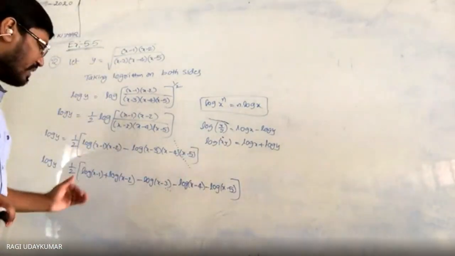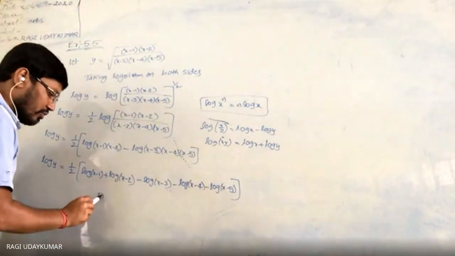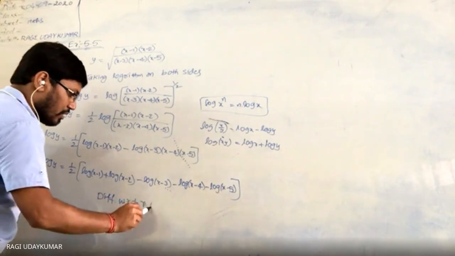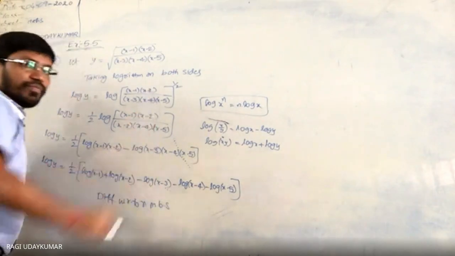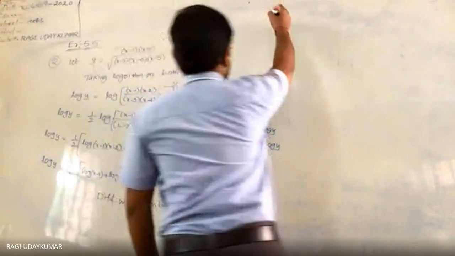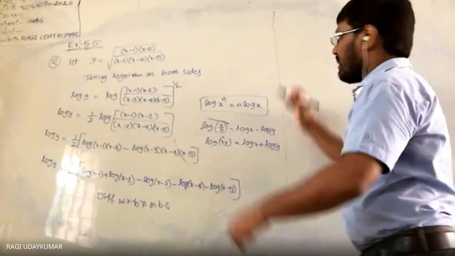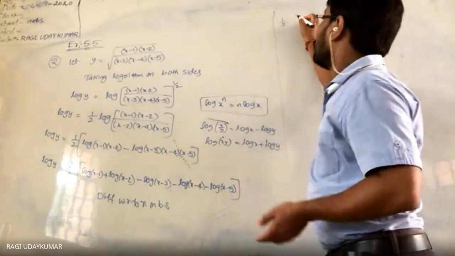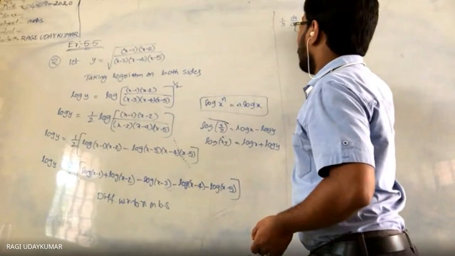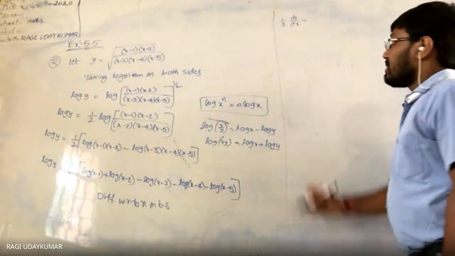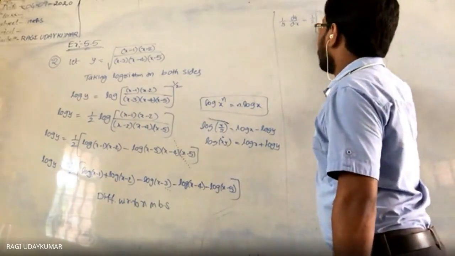So now differentiating with respect to x on both sides. If you are differentiating this one with respect to x, you are going to get 1 by y, and again you have to differentiate. So we are going to get dy by dx is equal to 1 by 2 as it is, you can write.